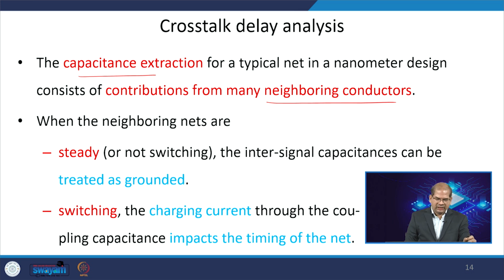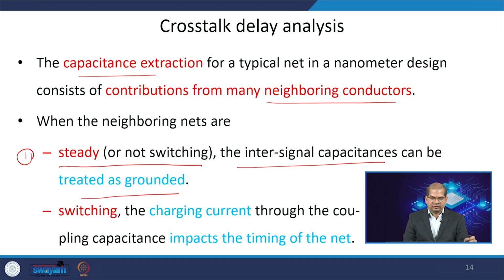So, there are two types of neighboring nets possible. One is when the neighboring net is steady, meaning not switching, then the inter signal capacitance can be treated as grounded. So, in this case, when the aggressor net is not switching, the inter signal capacitance can be treated as grounded.